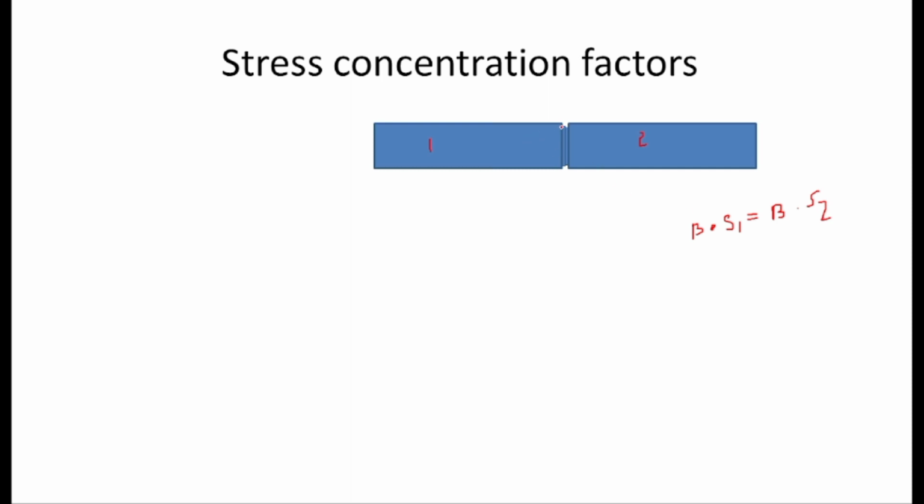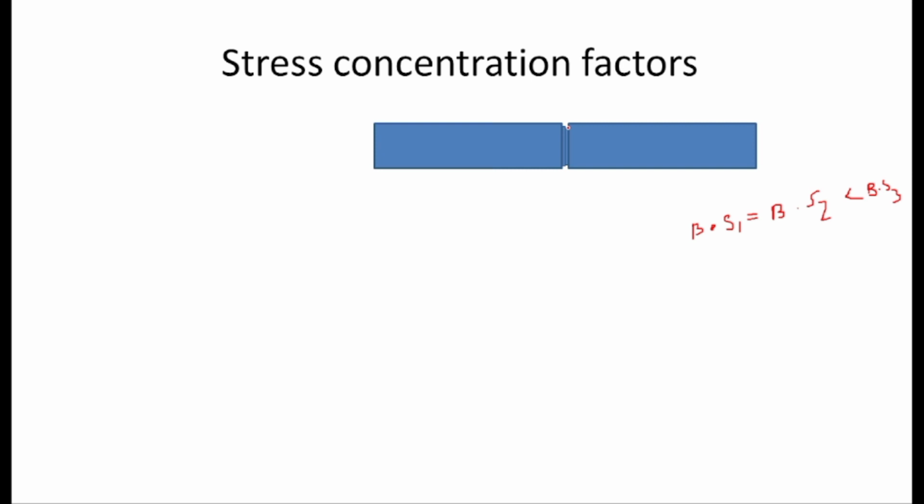But you can see that in this area the diameter is slightly smaller, so its cross-sectional area will also be small. And when the area is small, you know that stress is equal to P by A, so the stress will be greater. Let's say this is point 3. So the bending stress at 3 will be greater than at 1 and 2.